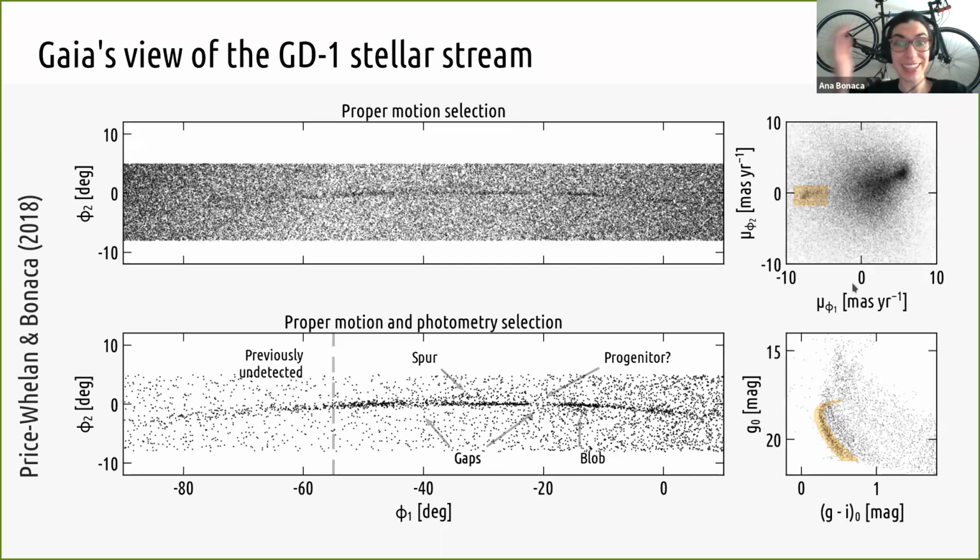So this was very exciting, because now we have the sensitivity to actually perform the test we were saying. We wanted to know there definitely is some structure in the stream, and we wanted to discover where it comes from. And other people were excited as well.